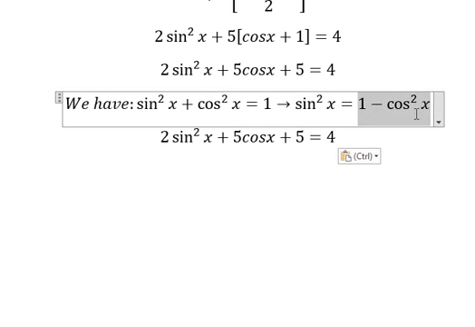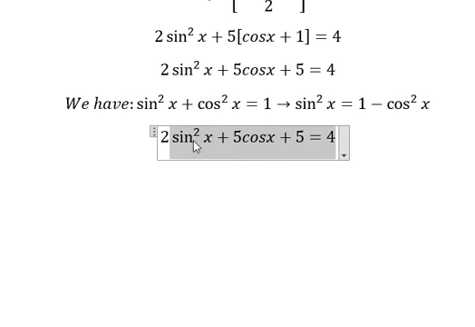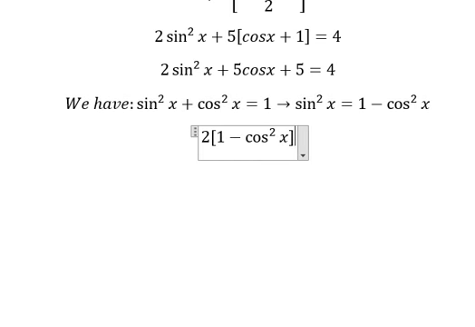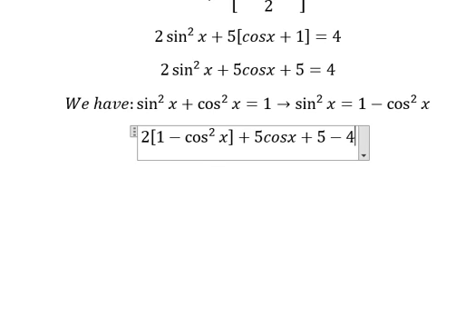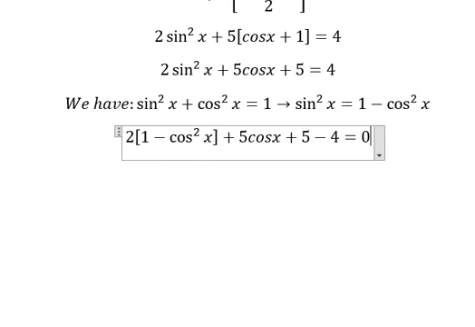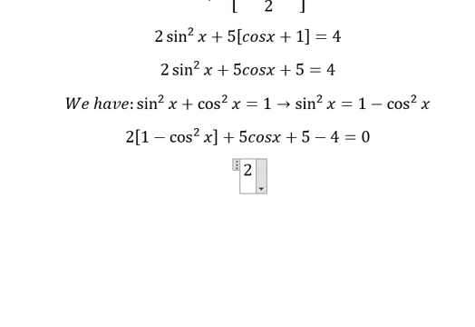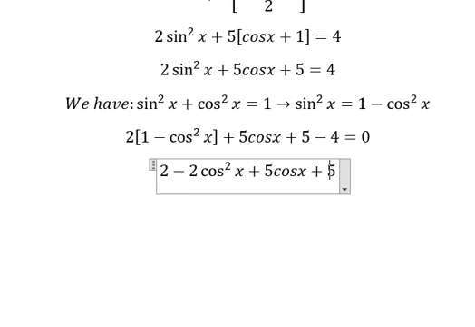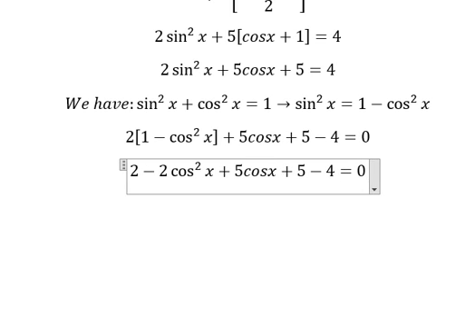So we put this one in here. I put negative number 4 in here. So we need to multiply. And you will get 2 minus 2 cosine x squared plus 5 cosine x plus 5 minus 4 equal to number 0.